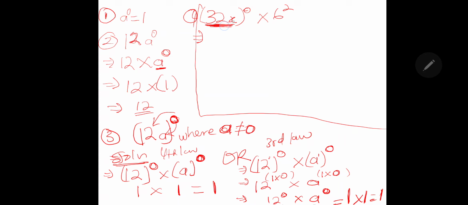So this whole bracket raised to the power 0 is 1, times 6 squared. So 6 squared is what? 6 times 6, and 6 times 6 is 36. I don't know if you know that in Nigeria, if they still teach it. So that's how to do it.